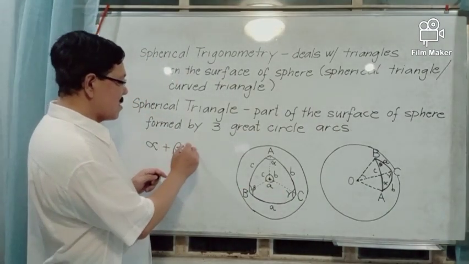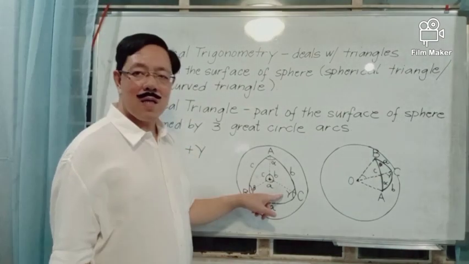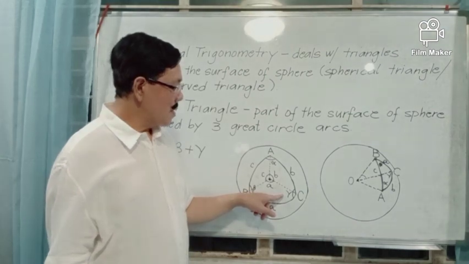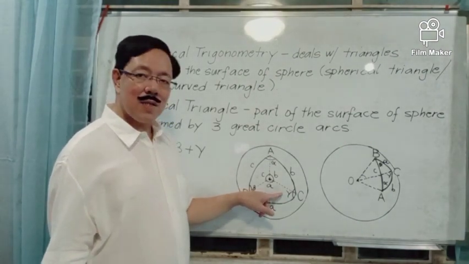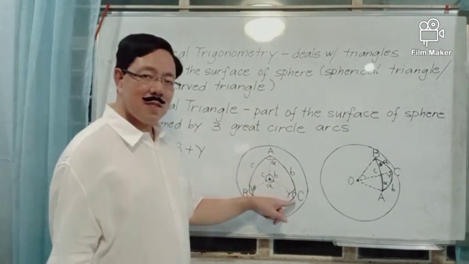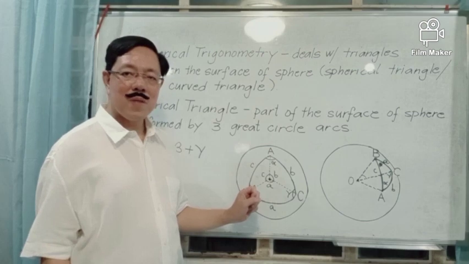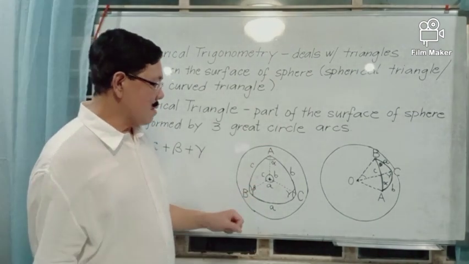If we add to this sum angle gamma, gamma is the angle at vertex C. It is the angle formed by the intersection of this arc BC and the arc AC, and these arcs are arcs of two great circles of the sphere.